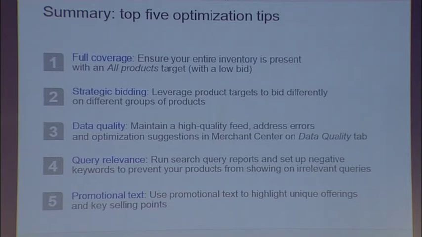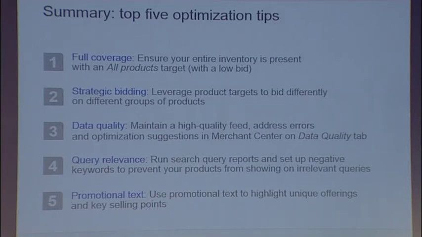Next point is query relevance. So that's the next step, I would say, once you've made sure that your feed has the best quality possible, you submit as many attributes as you can, and you've built a really granular product structure with specific bids, then you can also look at the search query report and make sure you filter out traffic that would not be relevant to you with negative keywords.